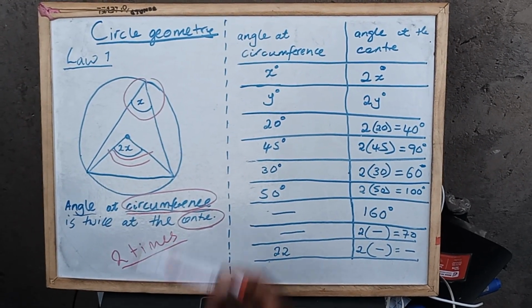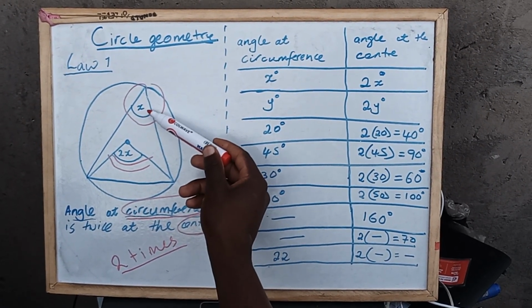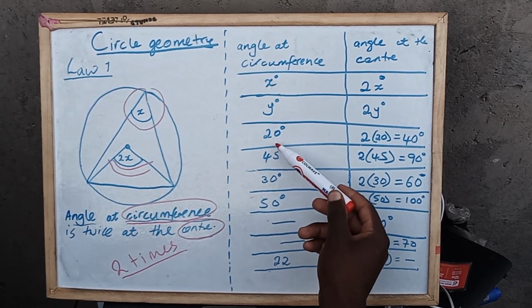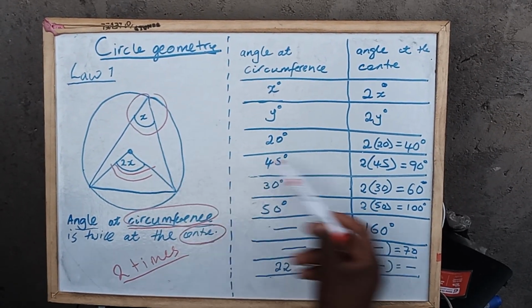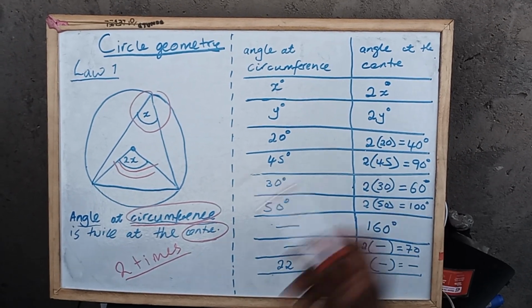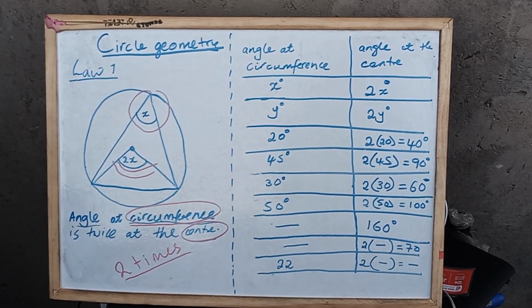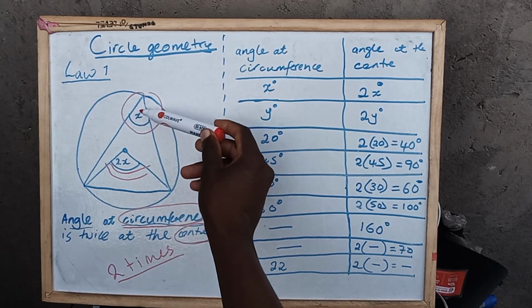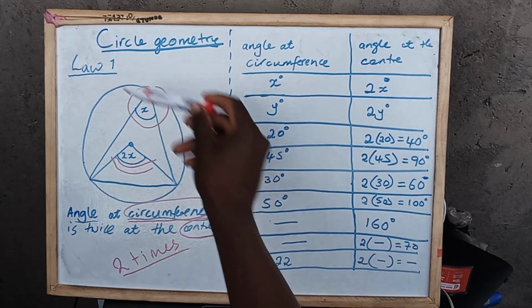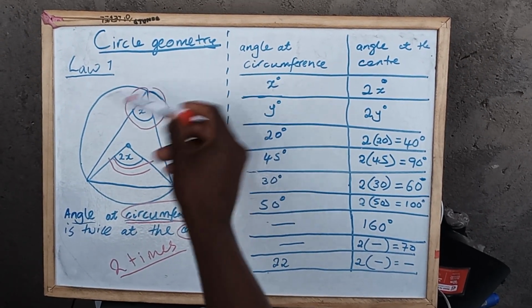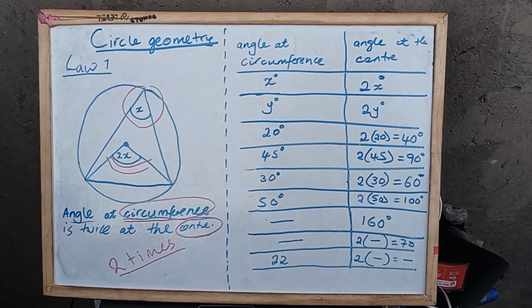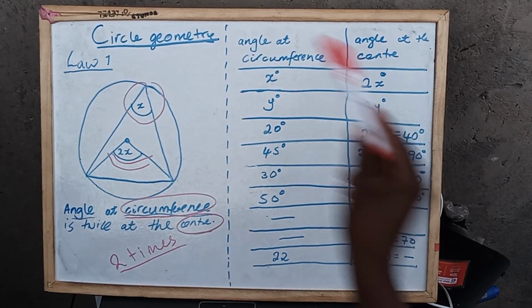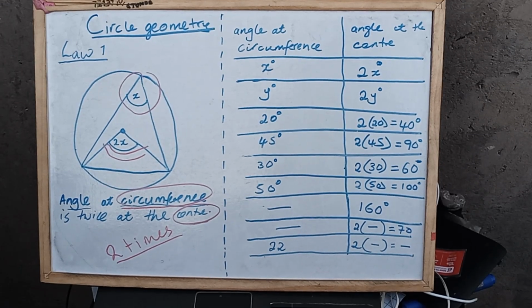This just means if the angle at the circumference is 20, the angle at the center is 20 times 2, which is 40. So you just have to multiply the angle at the circumference by 2 to get the angle at the center. And this table can explain.